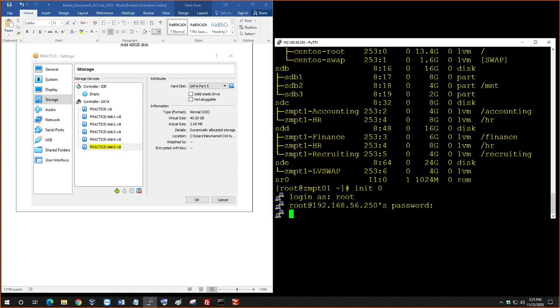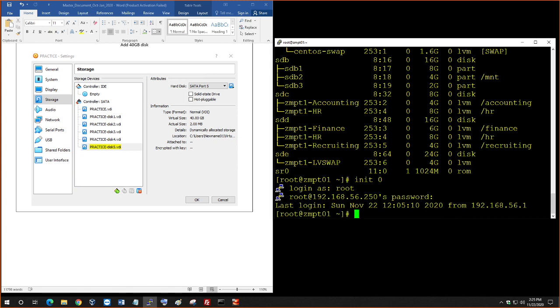Red Hat. Okay, so now I'm going to do lsblk.